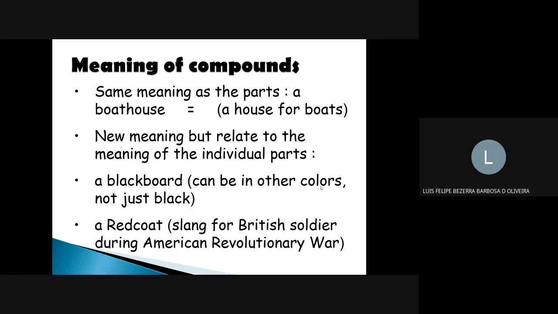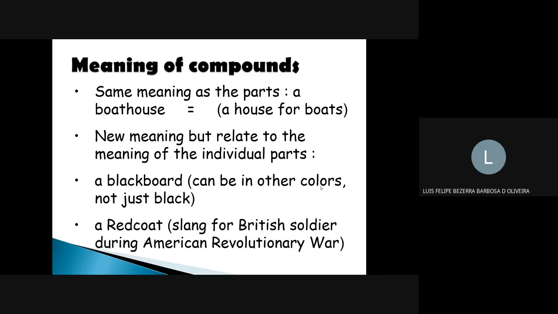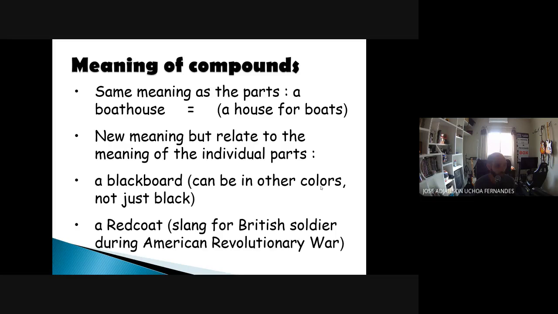A redneck is basically a caipira. In Woody Woodpecker, you know that red-haired guy? I forgot his name. The one with a mustache. He is a classical redneck.